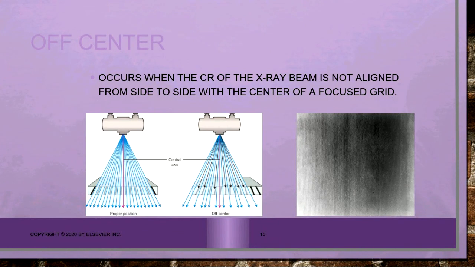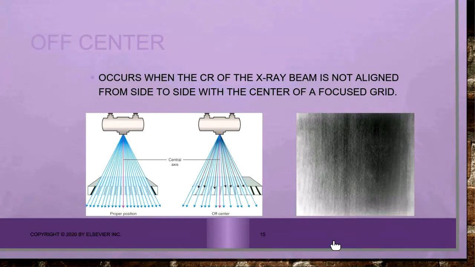But usually when you have an off-center grid error, it means that your tube is not in detent, because your central ray would not be aligned with the center of a focused grid, which means that the divergence would no longer match, and you would end up with grid cutoff across the entire image, because you're not centered to the center of the grid.